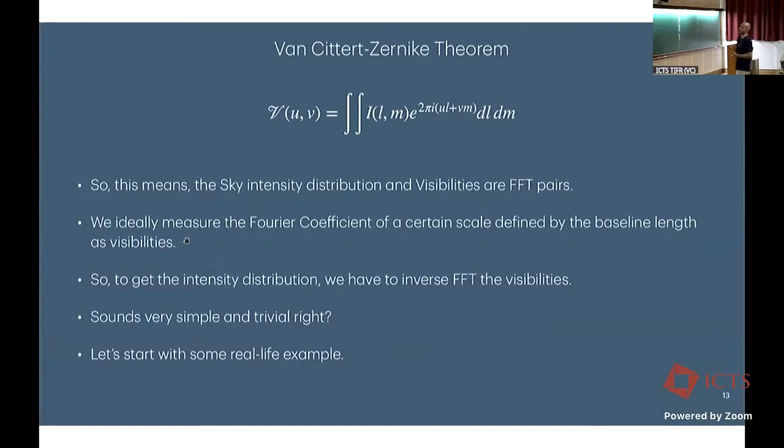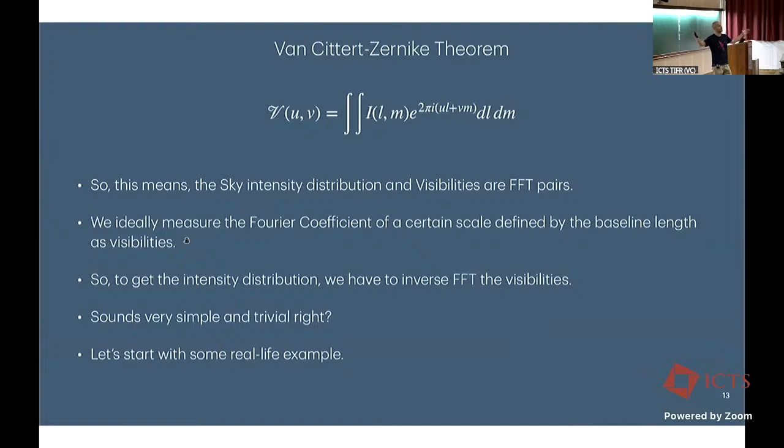Now, like I said, the sky intensity and visibilities are just FFT pairs. So we have our interferometer, and it actually just gives us back a Fourier transform of the sky. Ideally, we measure these Fourier coefficients, whose scale is defined by our baseline length, right?